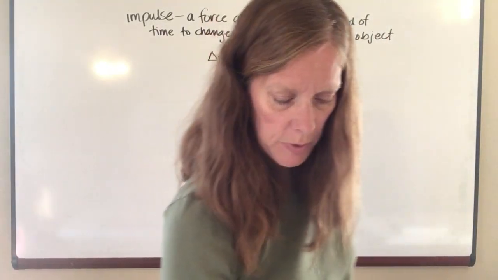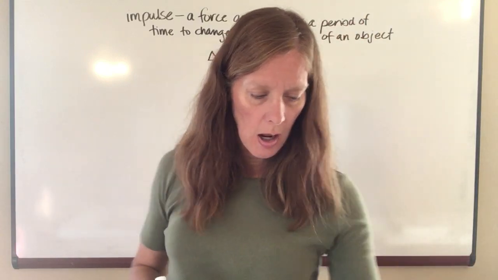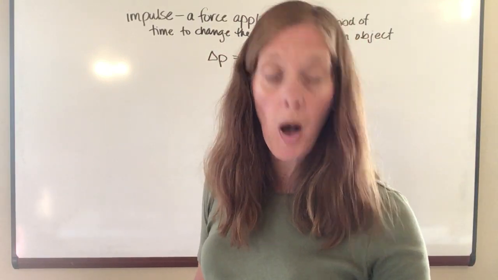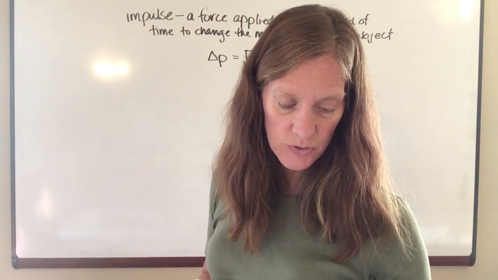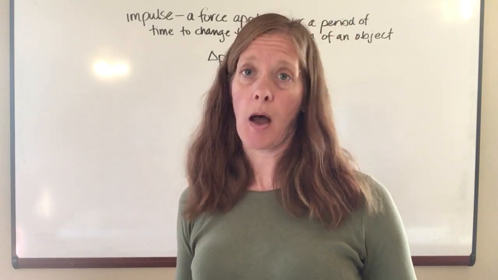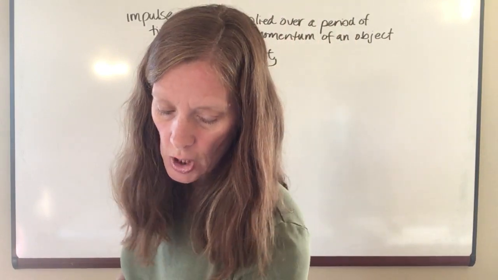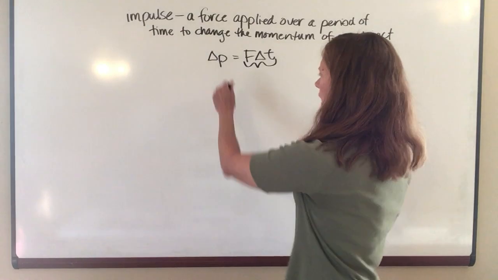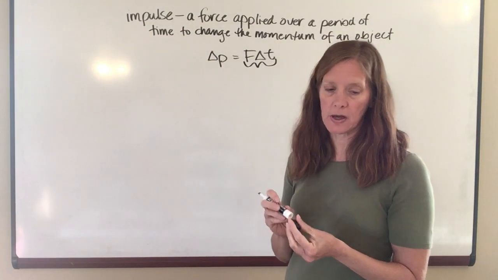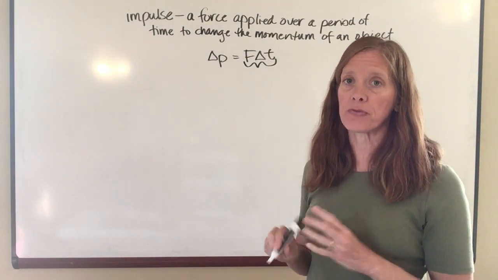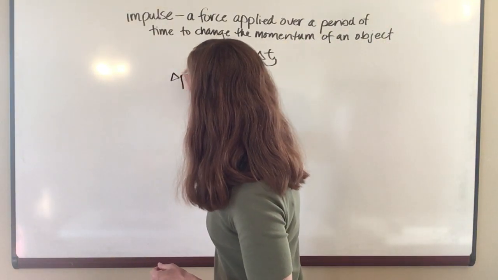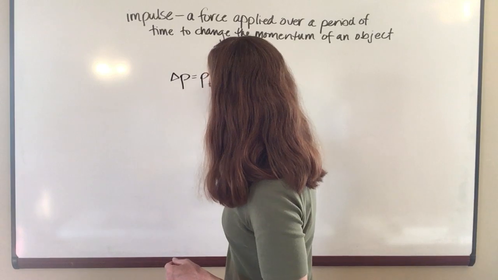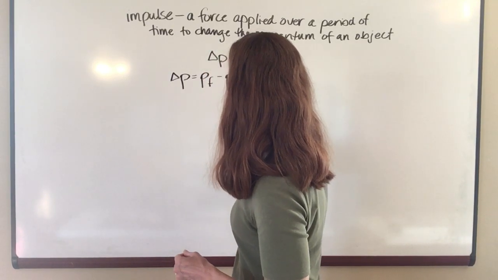The second part of the problem says that a baseball player catches a 145-gram ball that is traveling with a speed of 22.1 meters per second. If the player can exert a force of 55 newtons, how long will it take to stop the ball? Okay, so again, this is the relationship I'm working with, and I'm going to start out by finding the change in momentum. Change in momentum is the final momentum minus the initial momentum.